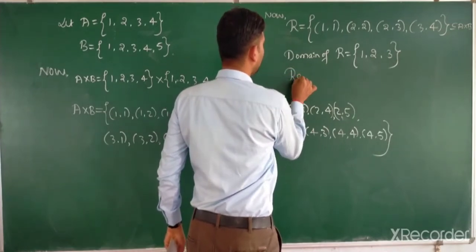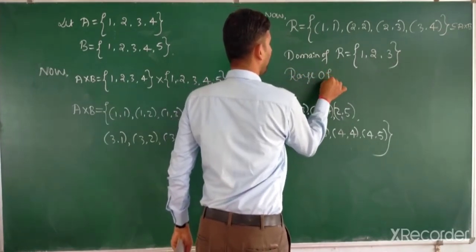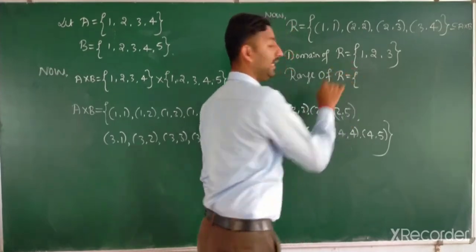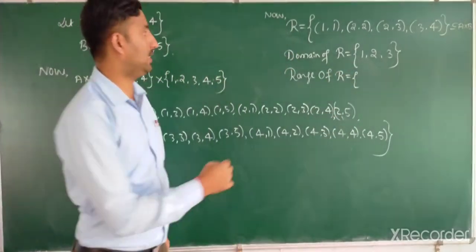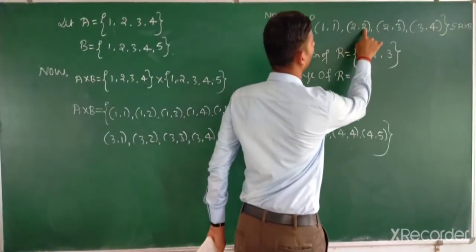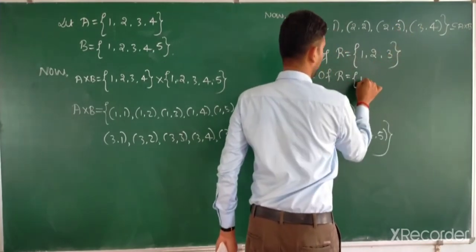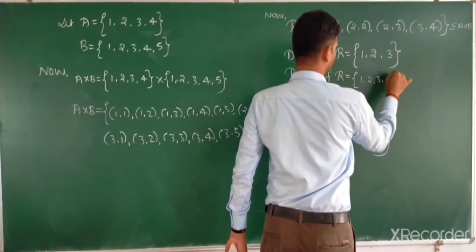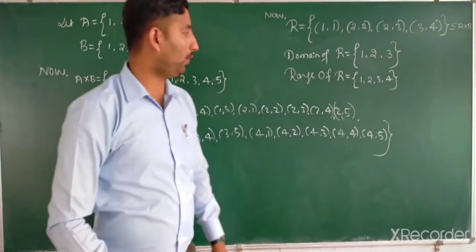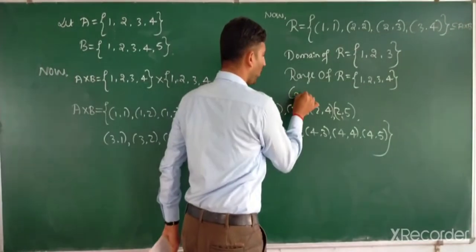After that, the range. The range of R is the set of all second components. Here they are 1, 2, 3, 4. Then what about the codomain?